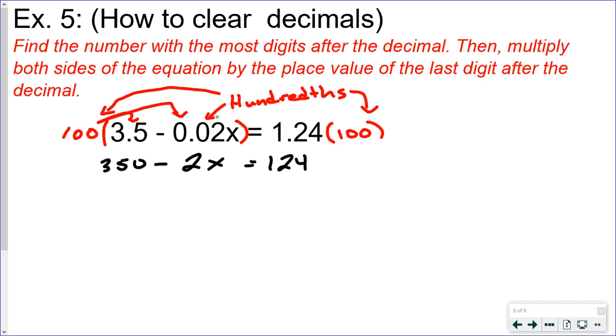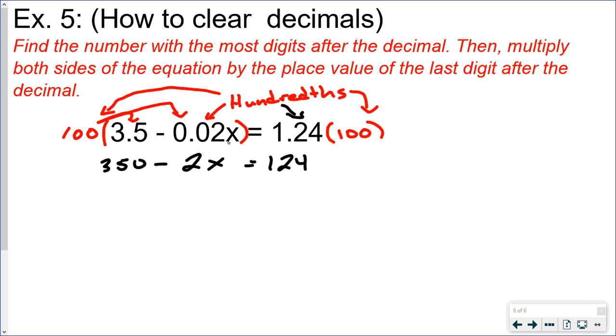And I kind of misspoke earlier. I didn't realize I did this. I said that this number had the most digits after the decimal. It actually was a tie with this one. This one also had 2 numbers after the decimal. All right, so it doesn't matter if it's on the left or the right side. It's just a question of how many places do you need to move the decimal to clear all the decimals out.